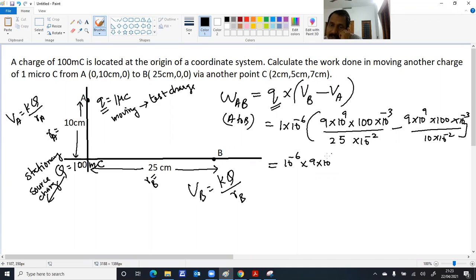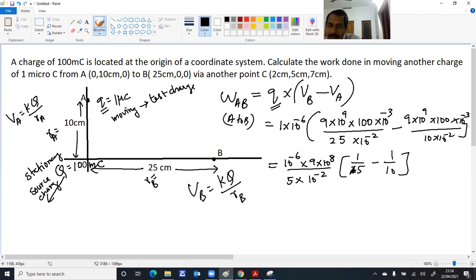11 minus 3, 8. And 10 to the power of minus 2 common out, minus 6. 9 into 10 to the power of 9 plus 2, 11 minus 3, 8, minus 2, 1 by 25 minus 1 by 10. You could have taken 5 out again. Five is out.